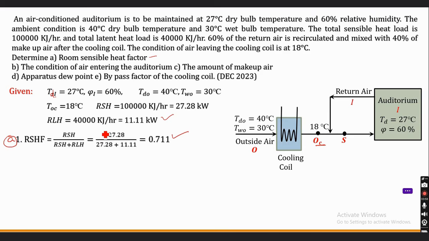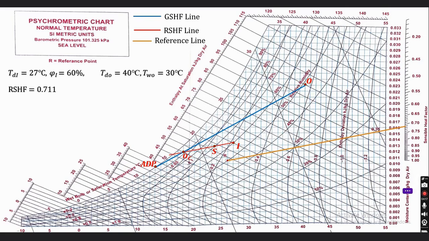Now next we have to find out the other parameters, that is condition of air entering the auditorium, amount of makeup air, apparatus dew point and bypass factor of the cooling coil. Before this, let us mark some points on the psychrometric chart and solve the problem. Based on the condition given in the numerical, I have the dry bulb temperature of inside condition 27 degrees Celsius and relative humidity 60%.